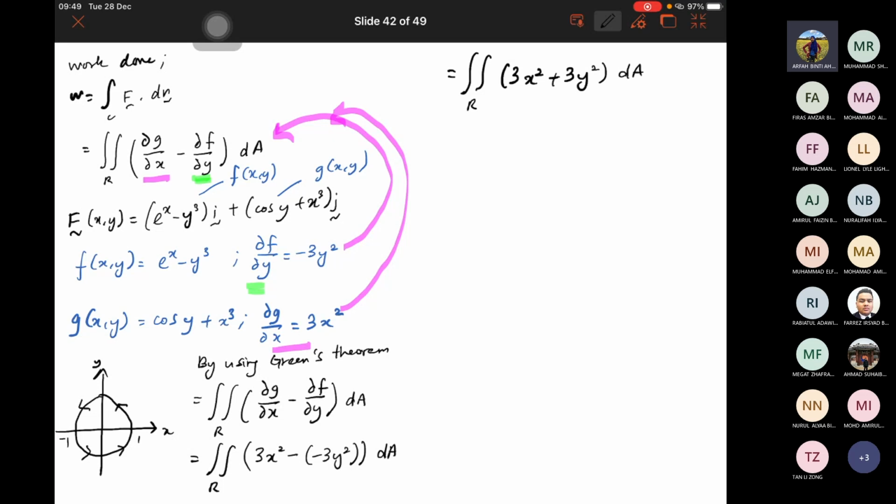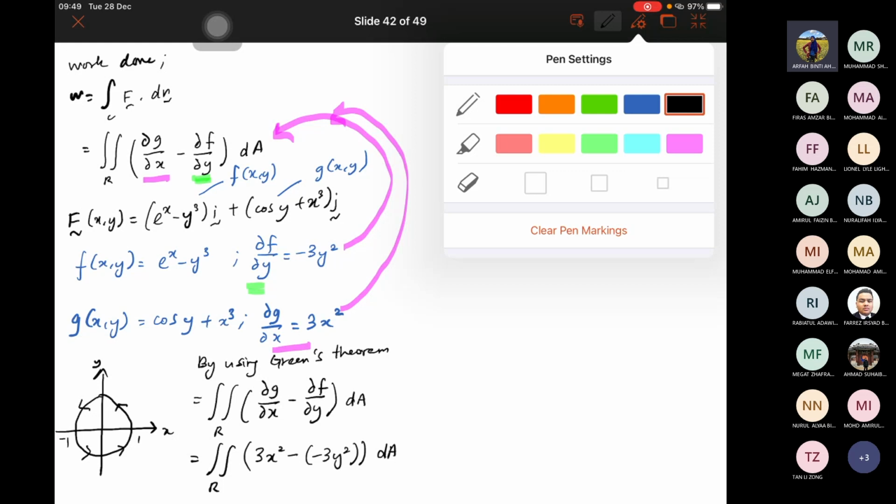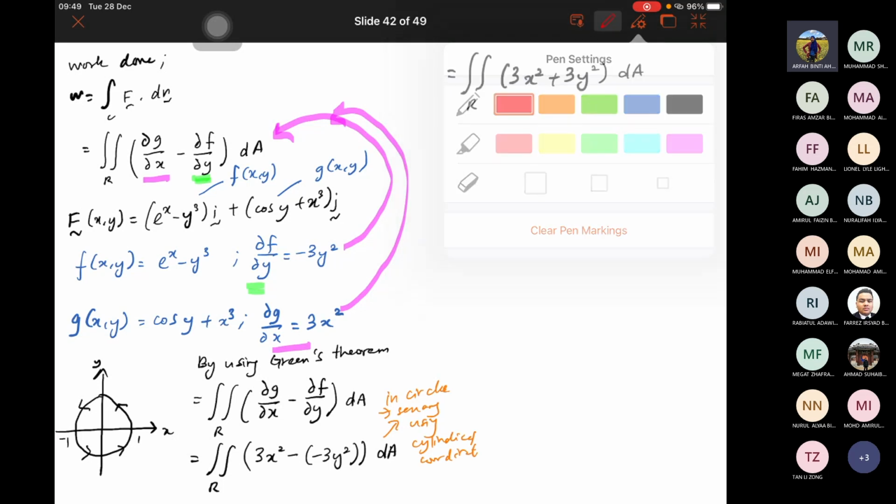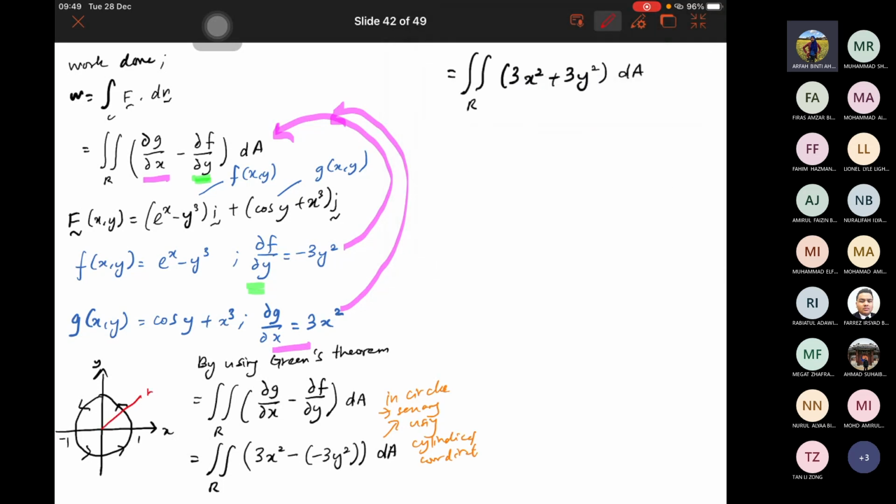Okay, so dia ada dalam bentuk circle. So senang using cylindrical coordinate. Okay, so dapatkan apakah awak punya r and what is your theta.